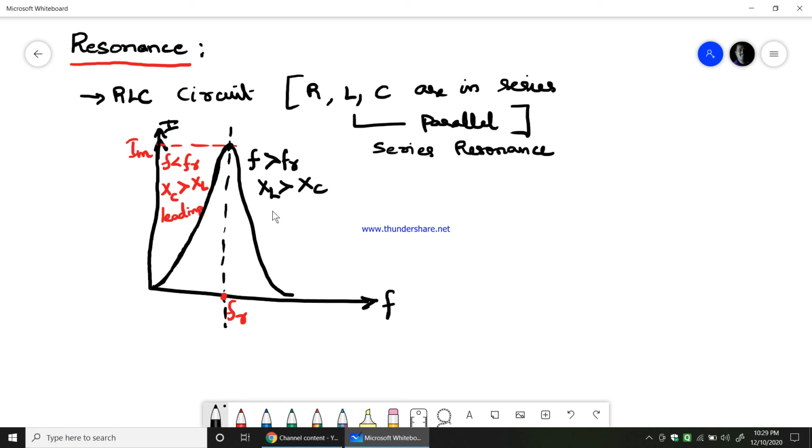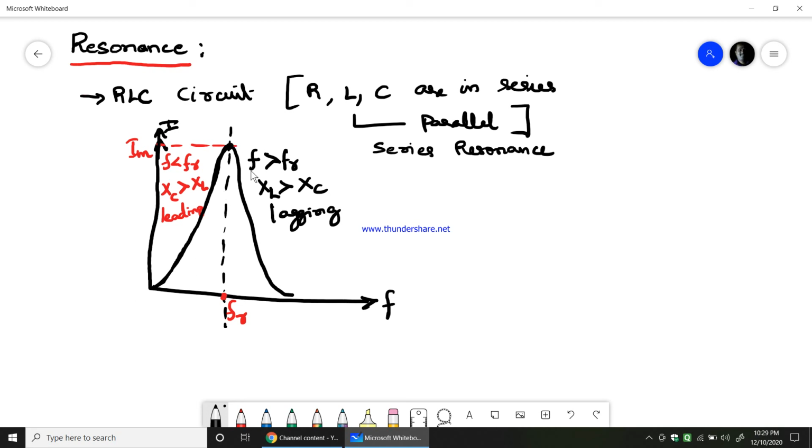During this, we see a lagging waveform of the current. It means the current starts decreasing after the frequency increases beyond the resonant frequency Fr.